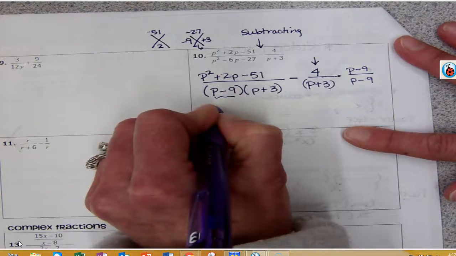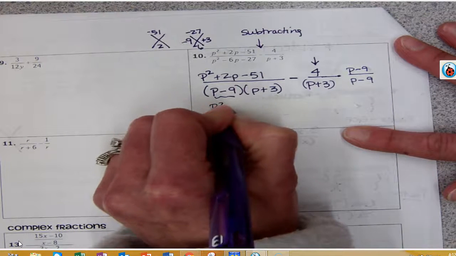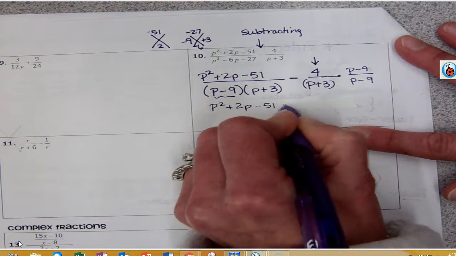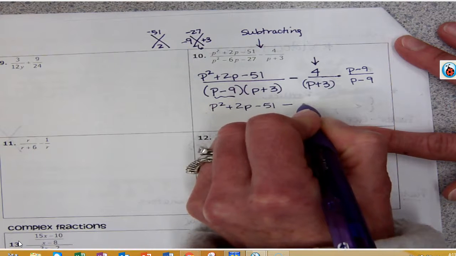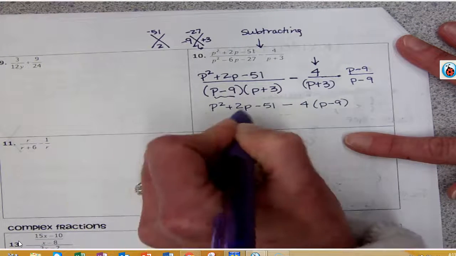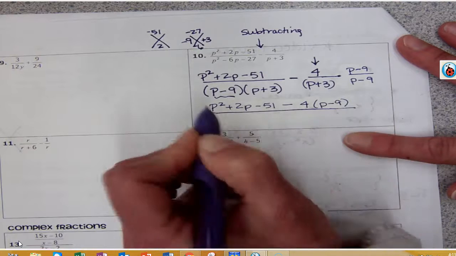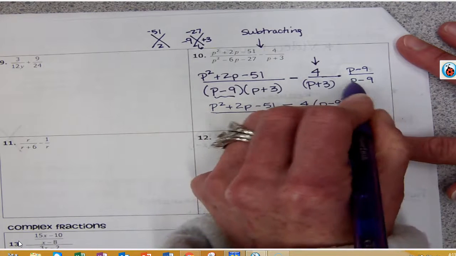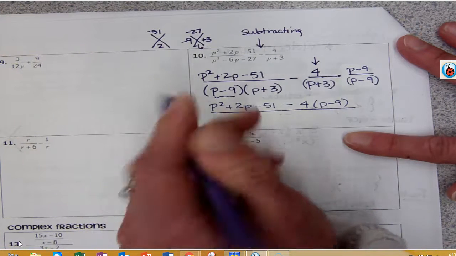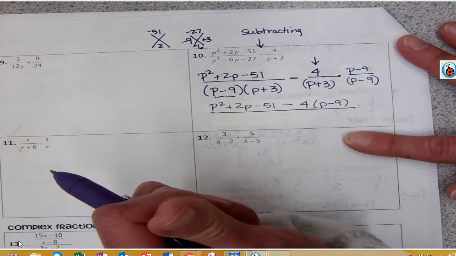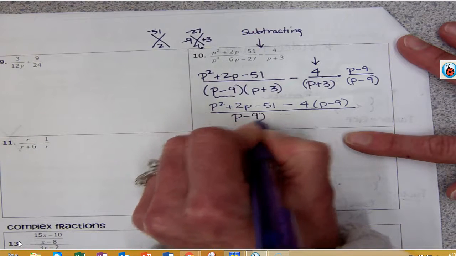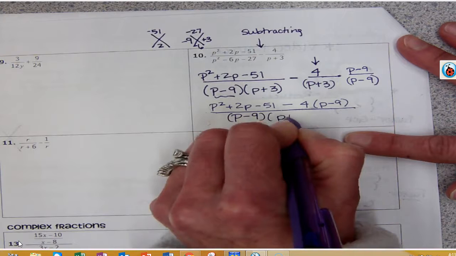So at the top, my numerator is going to be p squared plus 2p minus 51 minus 4 times p minus 9. Now, when I multiply these two, I have a common denominator. Since it's a common denominator and we are subtracting, the common denominator does not change. So p minus 9, p plus 3.